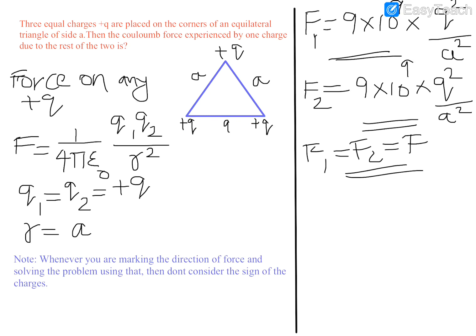So in this case, if you consider plus q and plus q, the force exerted by this plus q on this plus q will be along this line joining, either in this direction or in this direction, either attractive or repulsive, depending on that. Direction will be either this one or this one. Here it is plus q and plus q, which means both charges are the same type of charges. So repulsive force.